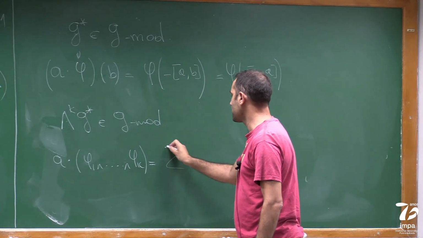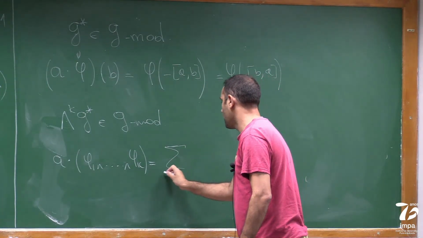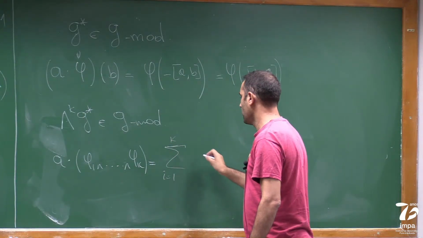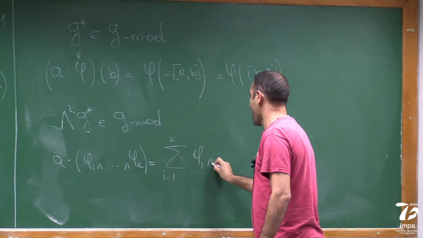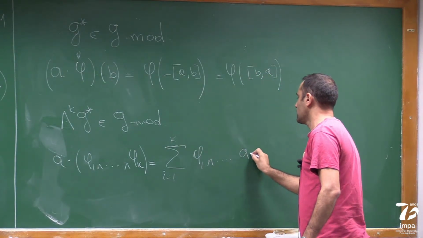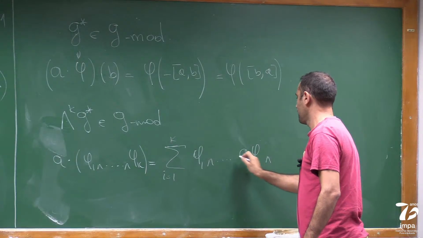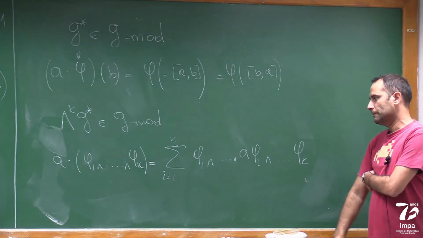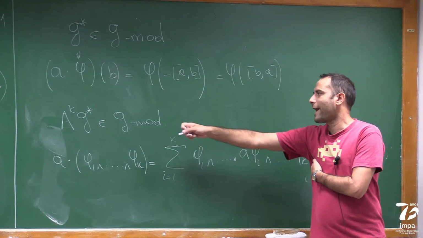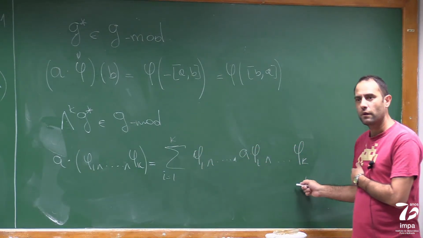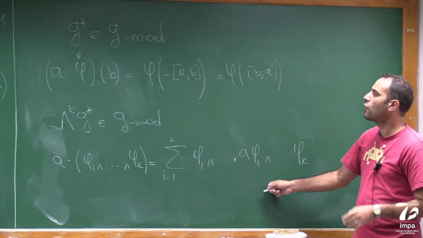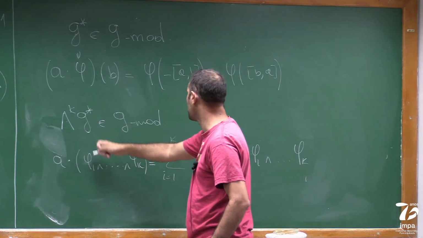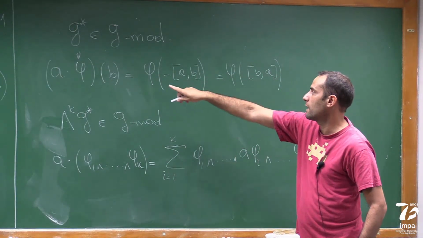So this is going to be the sum over i equal to 1 up to k of phi 1 wedge ... A acting on phi i ... wedge phi k. So now K forms is a G module. And this is an obvious extension of this action here. When you choose K equal to 1, I am using the action that I'm defining there.